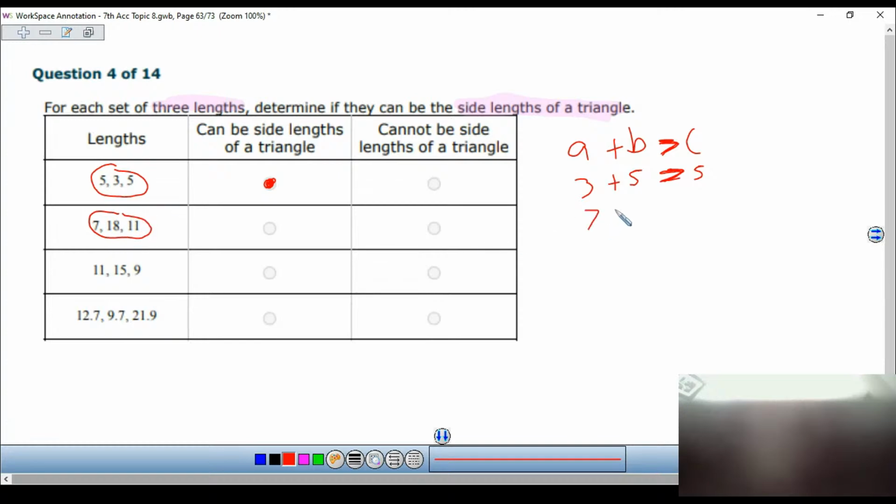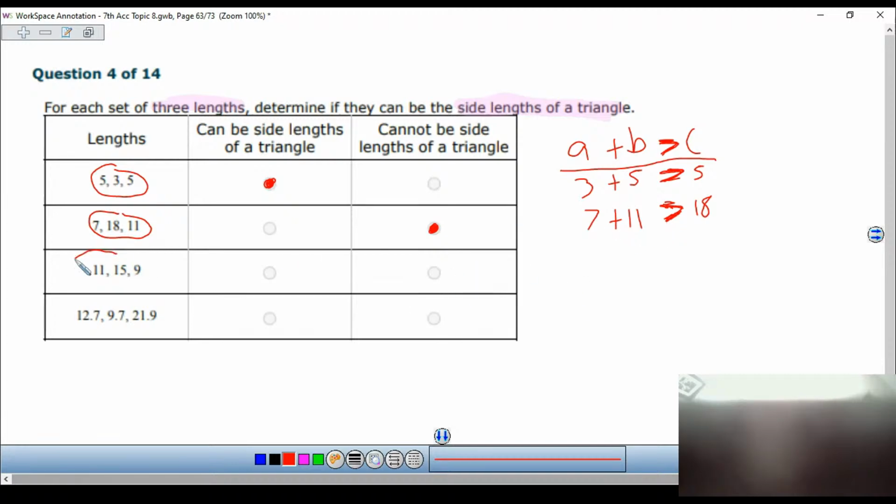So we got 7 plus 11 should be greater than 18. But 7 plus 11 is 18, and 18 can't be greater than 18, so that is not a triangle. It is not a triangle because it has to be greater than. That's the big one. They're always going to throw one like this at you because they think that you're going to go, oh, well, it equals 18. That's got to be it. But it's not, I promise.